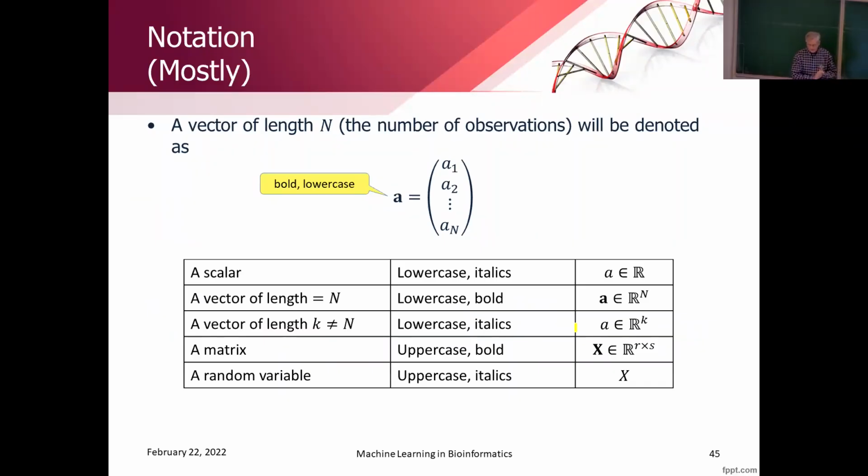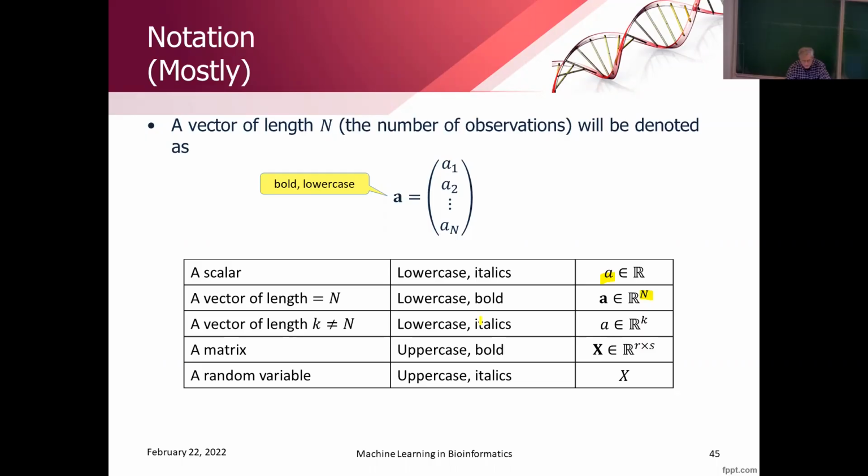Therefore, this is, I think, the last slide of this part. If I write a scalar value, a from the set of all real numbers, then I will write it in lowercase and italics. If it is lowercase and bold, it's usually a vector of length capital N. It corresponds to a column of the observation matrix.